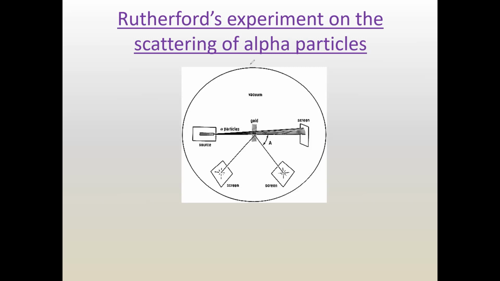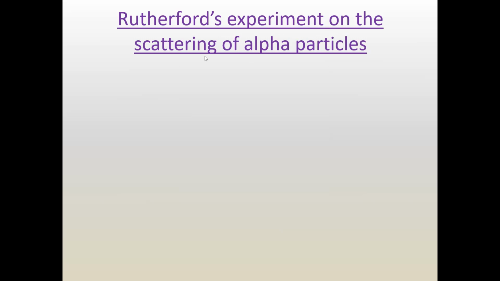What he observed was that most of the alpha particles were able to pass through. A few of them were deflected, changing direction, and a few of them bounced back. This is what he observed. So in the Rutherford experiment, he took a metal foil, a gold foil, and targeted it with alpha particles.